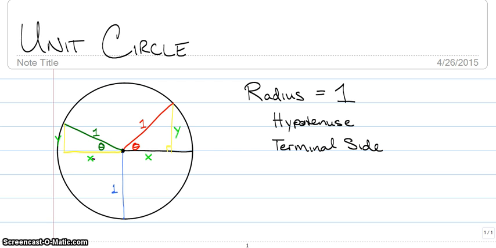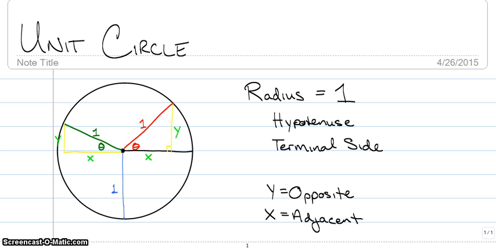So anytime that we start to set up word problems later in the chapter, if we're talking about just a unit circle in general, you need to understand that we are going to be using the y direction as opposite, and your x direction is the adjacent.